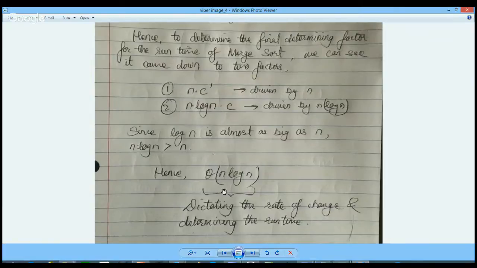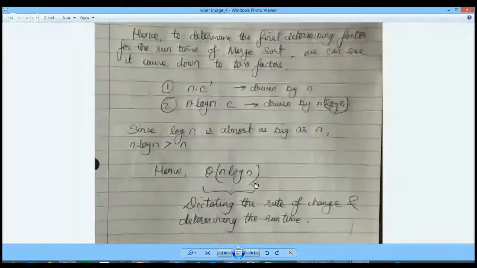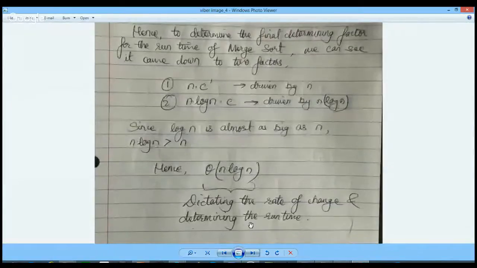So we can call it big theta n log n. This is the dictating factor of the rate of change, which determines the runtime of the merge sort.